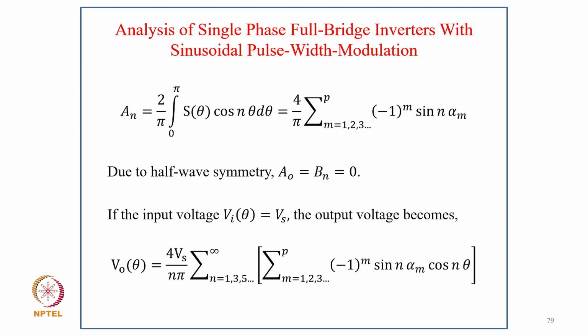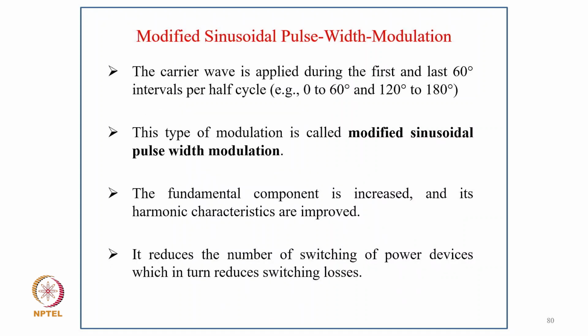So if the input voltage vi theta equals Vs, the output voltage becomes v0 theta equals 4 Vs upon pi, sum over n equal to 1, 3, 5 to infinity, plus the sum with m varying from 1 to 3p of minus 1 to the power m sin n alpha m, times cos n theta.